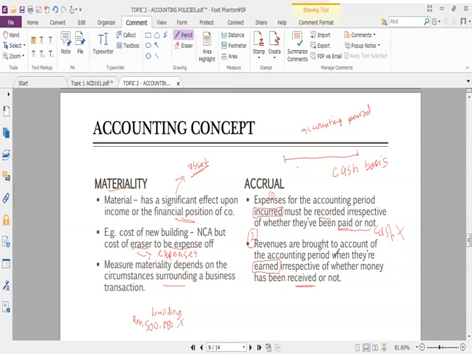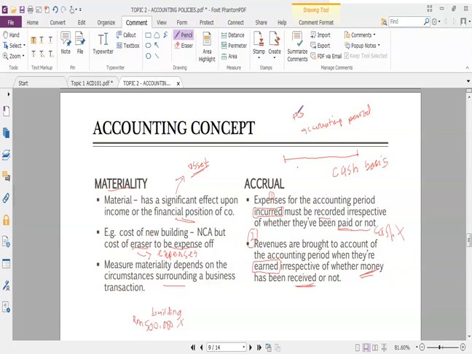Even though the revenues we should earn, we already earned, but have not received the money yet. What we already know we will earn, that revenue will be included in the financial statement in that accounting period.